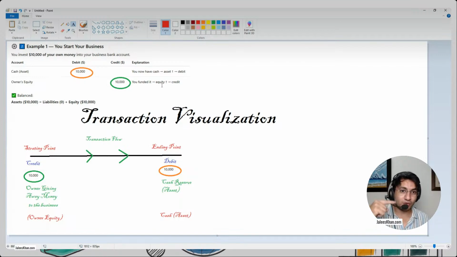So the equity of the owner goes up and it comes into the credit, because the transaction's starting point is the owner giving the money, and it lands in the cash reserve of the business. That's why that entry is in debit. And this equity and asset are put here because of the balance sheet. Now, the business asset increased by 10,000, but from where did that value increase?